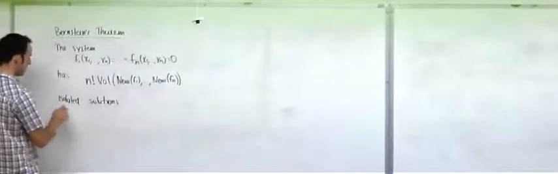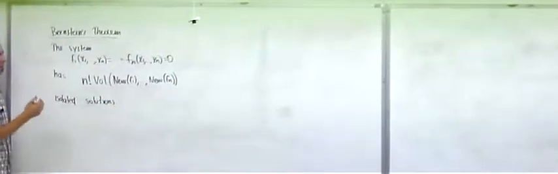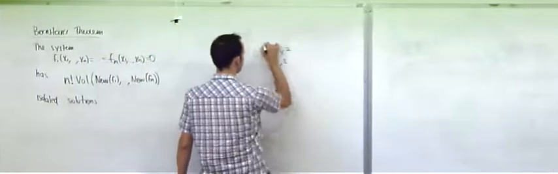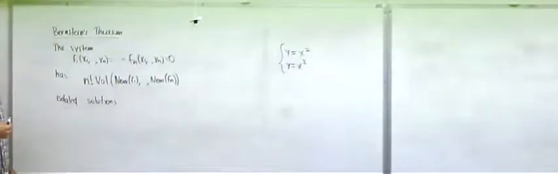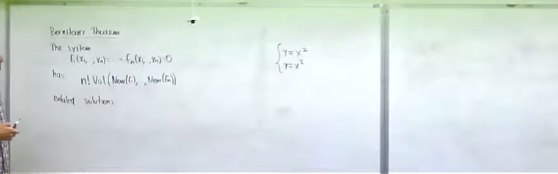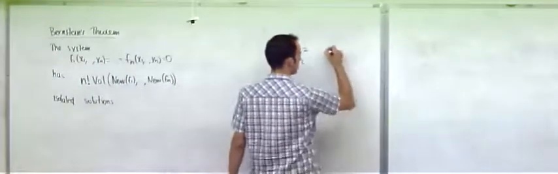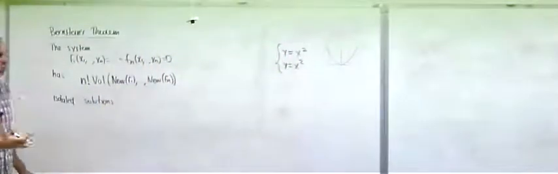And here what I mean by isolated is what I mentioned briefly last time, that if the system is not generic, for example, if you look at the set of solutions to this system of equations, well that's not a very generic system of equations, and so if you look at the solutions, then they form a curve, right? This is the real part of the curve, but it's a complex curve. And so those are solutions, but they're not isolated.